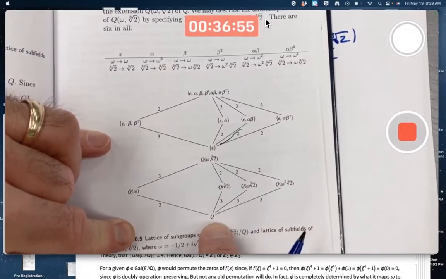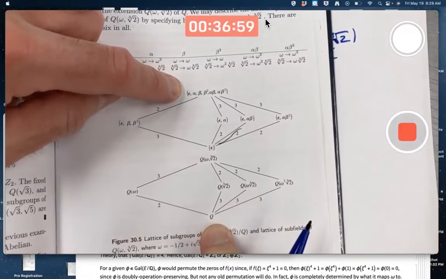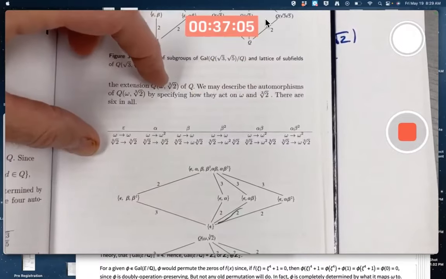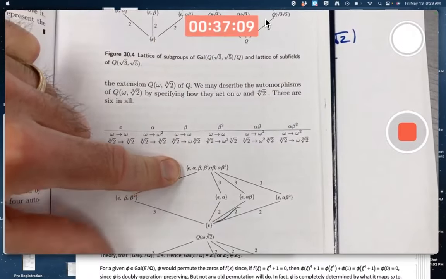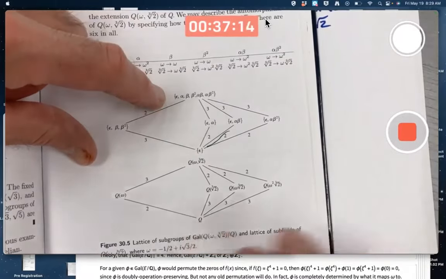So Q down here is the fixed field of the entire Galois group. What are all the elements of this that are fixed by all of these things? It's only the rational numbers. That's why there's a Q at the bottom corresponding to the entire Galois group. Remember, it's inverted.